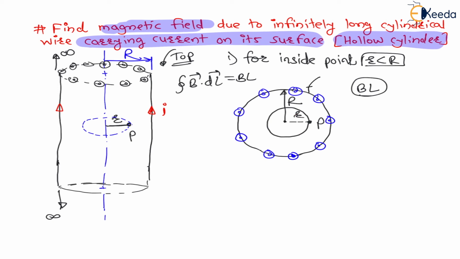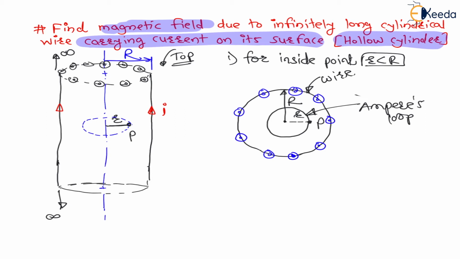Here this is a wire, and the Ampere's loop is this. And dl will be the length of the Ampere's loop. So the special case becomes B L is equal to mu naught I, right?